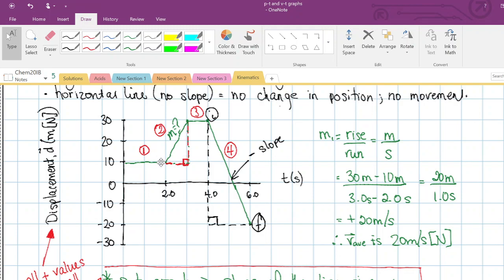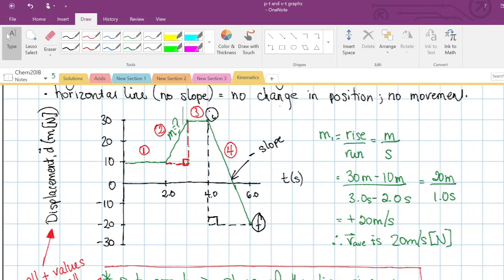So if we calculate the slope between 2 and 3 seconds, we finish here, our D2 is 30 meters, and our D initial is 10 meters. So 30 minus 10, D2 minus D1, over time 2 minus time 1, gives us 20 meters over 1 second.